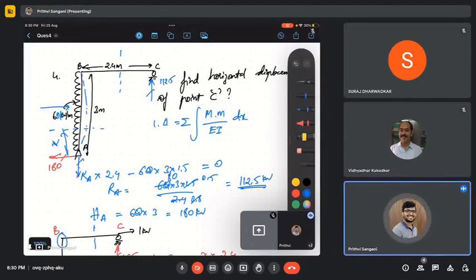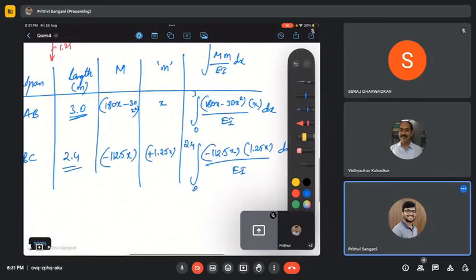At support C, the reaction should be upwards. You can see this is rotating in this direction, and this has to counter and rotate in the opposite direction. So this is 112.5, this is plus.